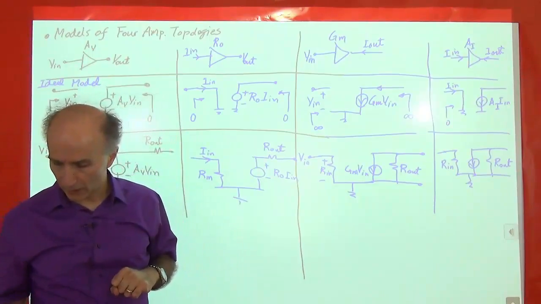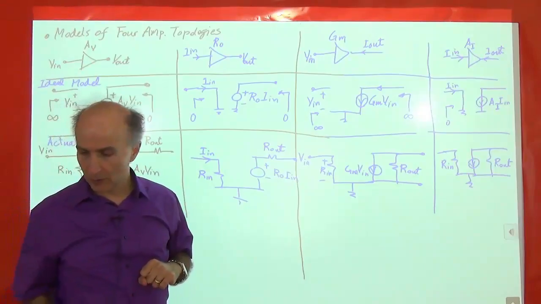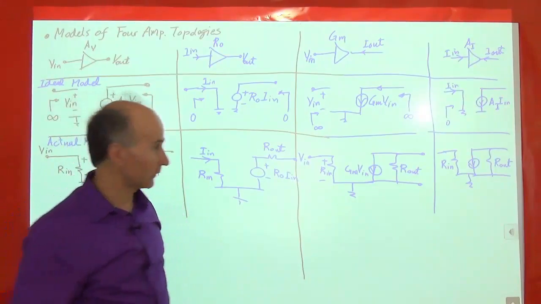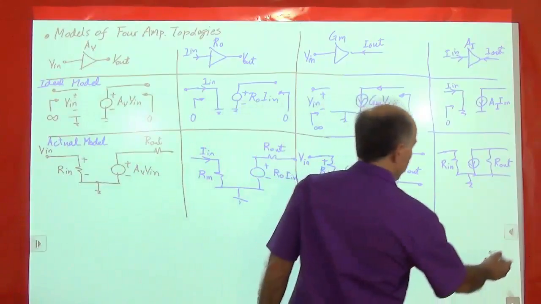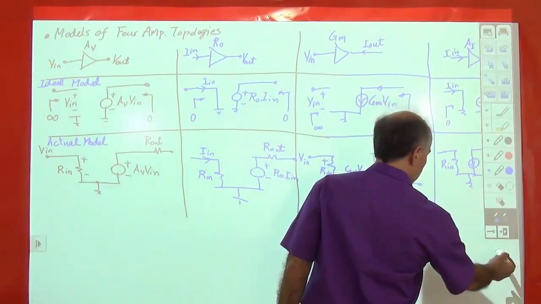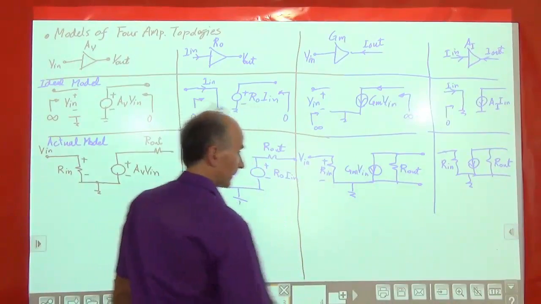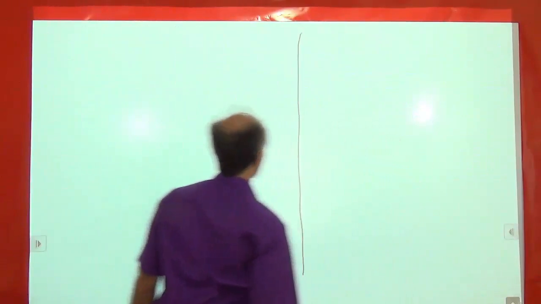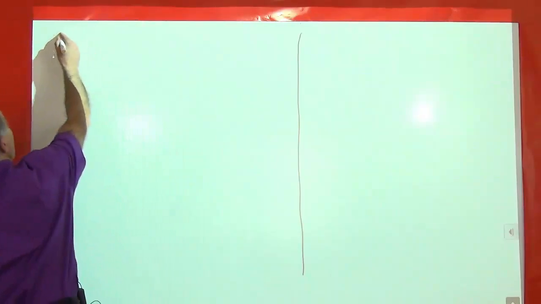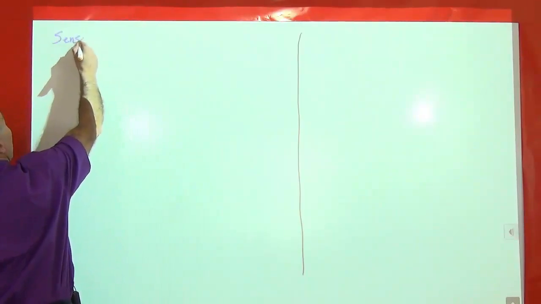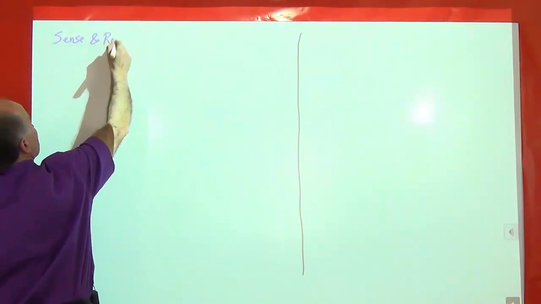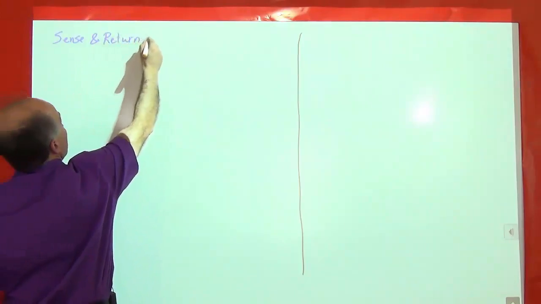All right, the last topic that we need to talk about today is the sense and return mechanisms. I don't have time to do that, but I'll just briefly give an introduction, and next time we'll pick up from here. So we want to talk about sense and return mechanism.